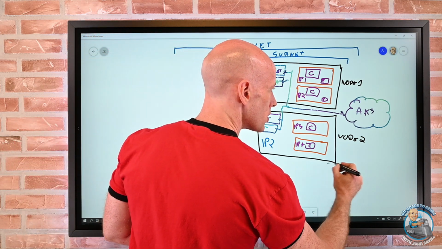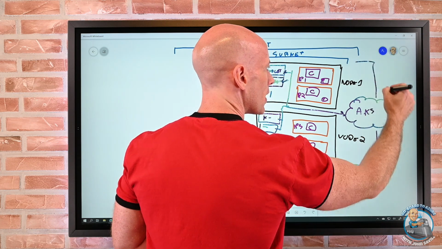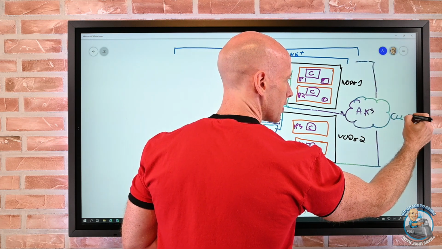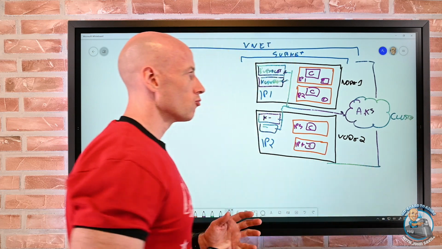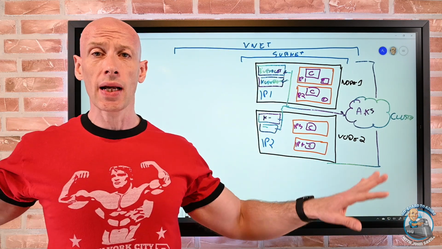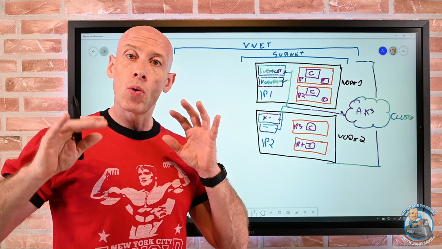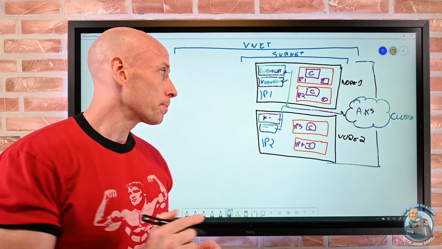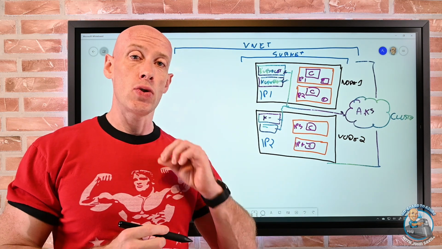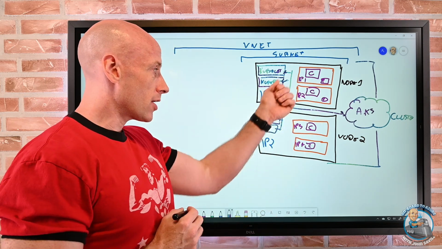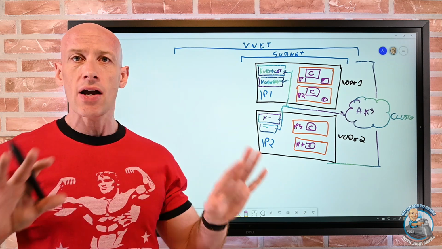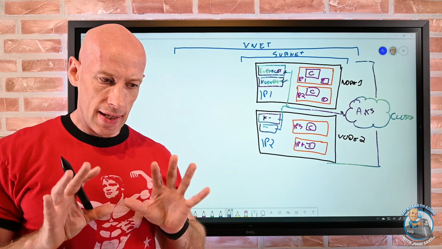So these nodes are part of a certain AKS cluster. That's the rule. The IPs don't have to be unique between clusters. They can't directly talk to pods in other clusters, but within the AKS cluster, any pod has a unique IP address, and it can talk to any other pod without any kind of natting. That's kind of that key rule.